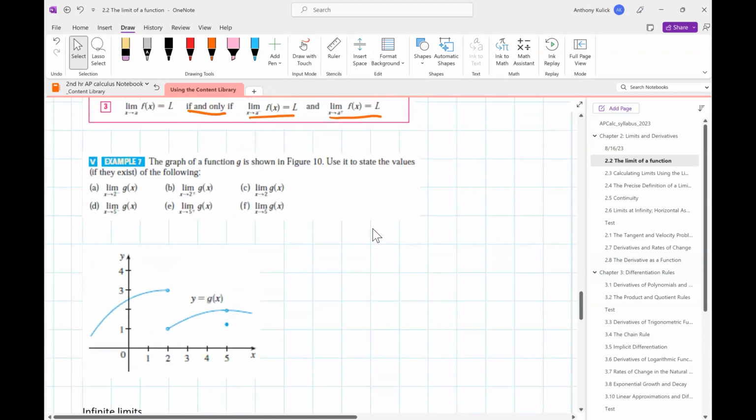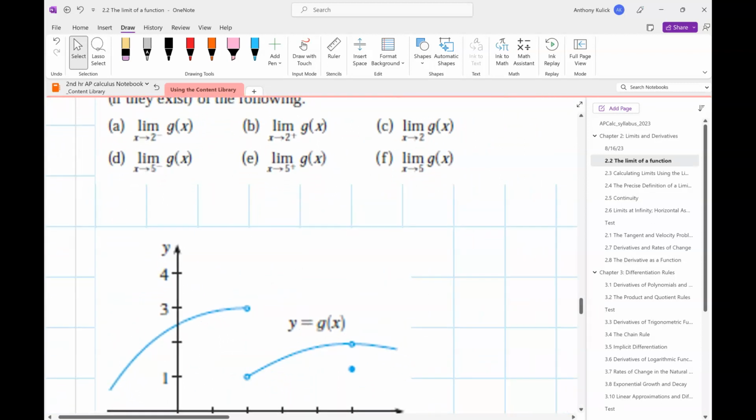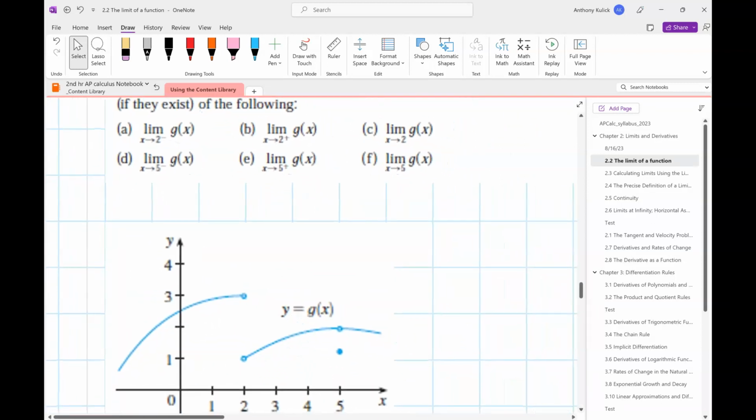So let's take a look at this example here. This is the sort of situation I was talking about. Here, you're given only a graph of a function g of x. You're not told the formula for g of x, so you can't plug anything in and do anything tabularly, right? All we can do is look at our picture. All right.